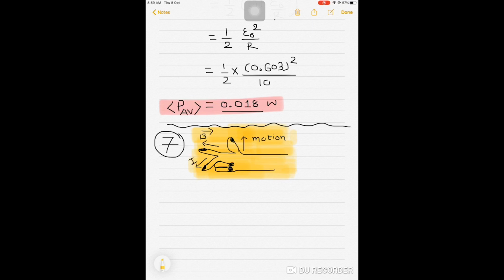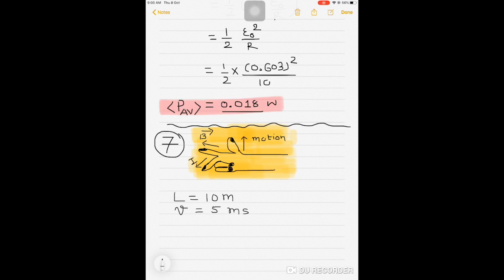In example number 7 it is given that a horizontal straight wire that is 10 meter long, extending from east to west, is falling with a speed of 5 meter per second. So in this case we are given a length, that is 10 meter, and a speed, that is 5 meter per second.